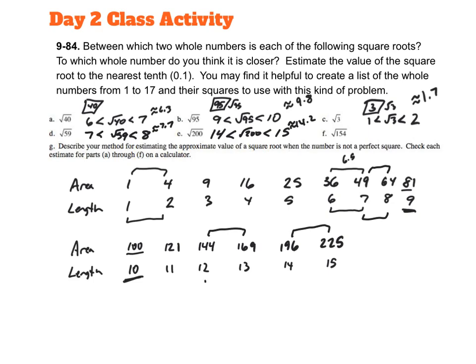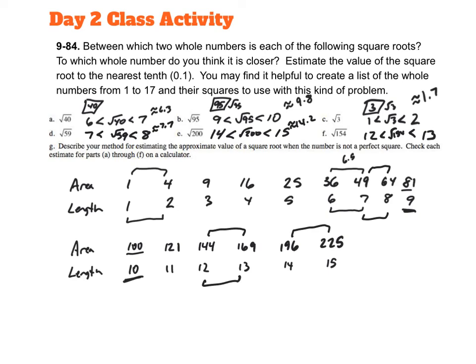So it's going to be between side lengths of 12 and 13. And this is square root of 154. And 154 is 10 away from 144. And 154 is 15 away from 169.